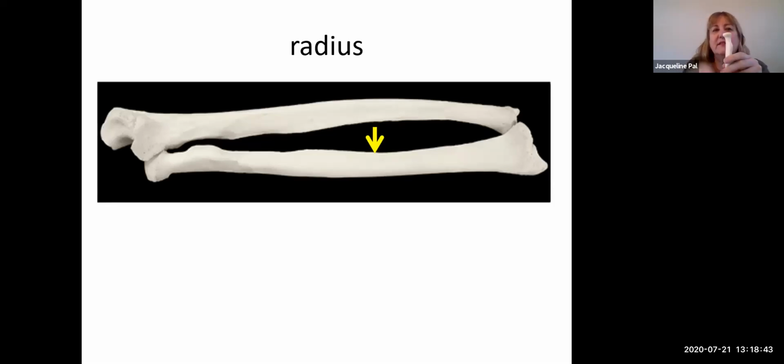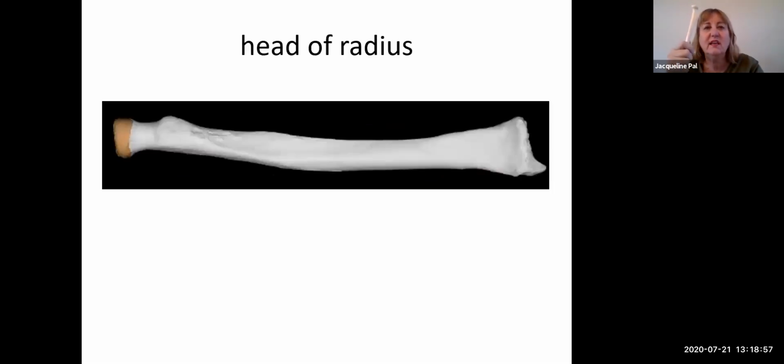So the radius is a bone that looks like it has a flat crew cut, like a military person might get. My dad had lots of them when he was in the Air Force, when I was a lot younger. And this end actually is the head of the radius.